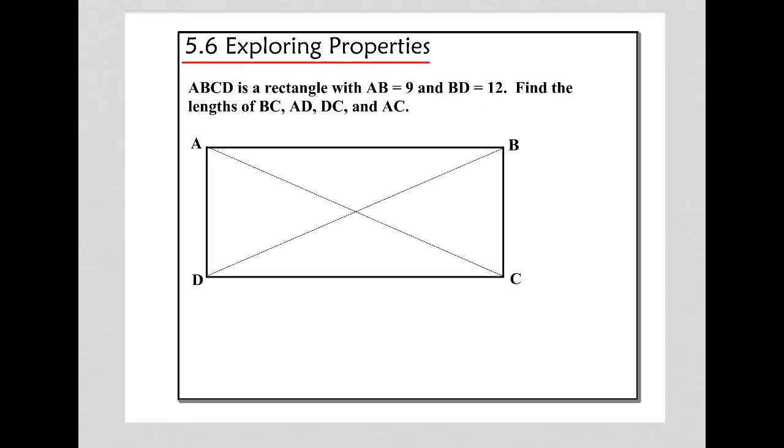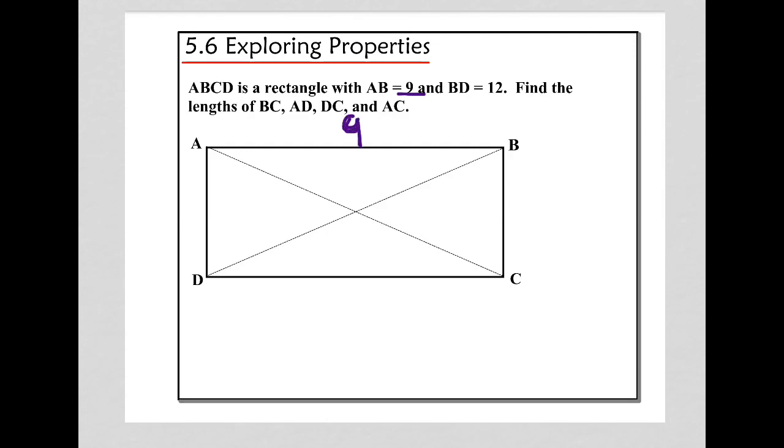Okay, so we are starting our exploring properties, or applying properties of quadrilaterals, with ABCD, and that is a rectangle. AB is 9 and BD is 12, so if we start marking our drawings here as we go, we see AB is 9.